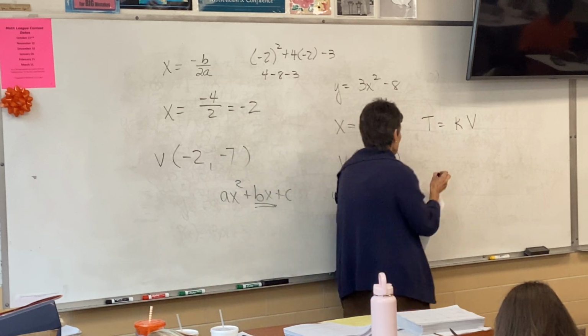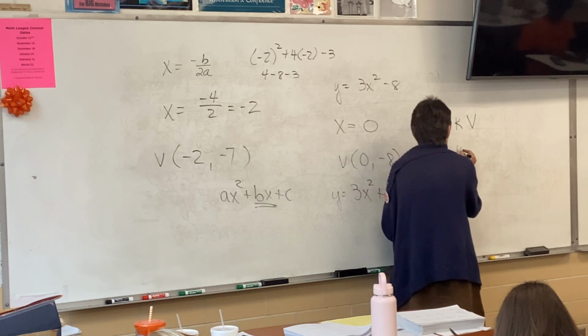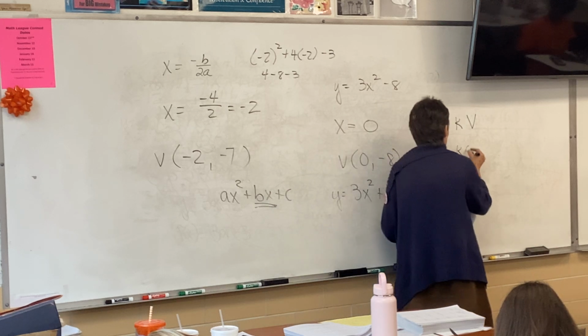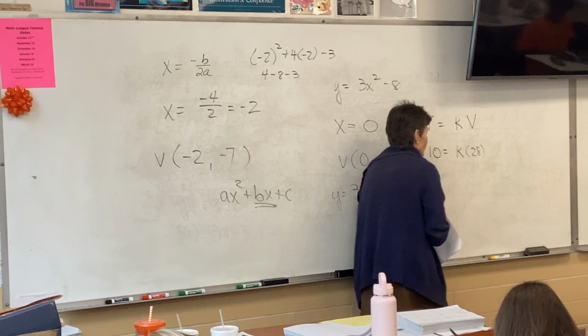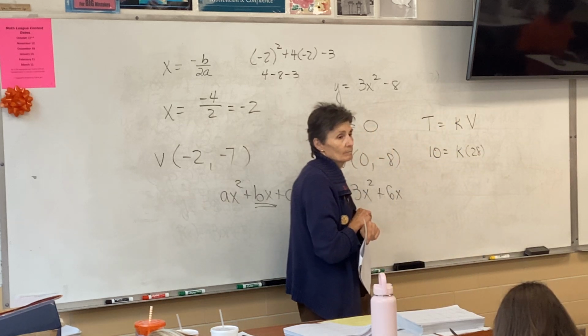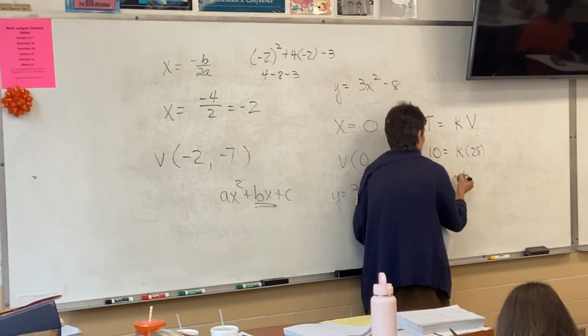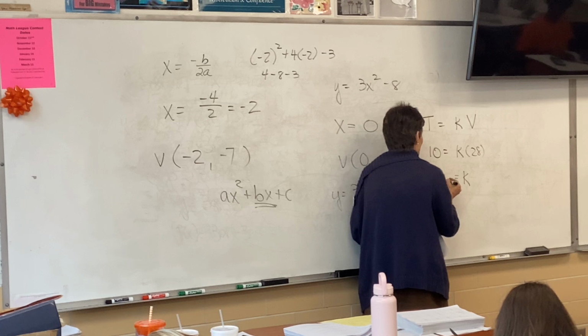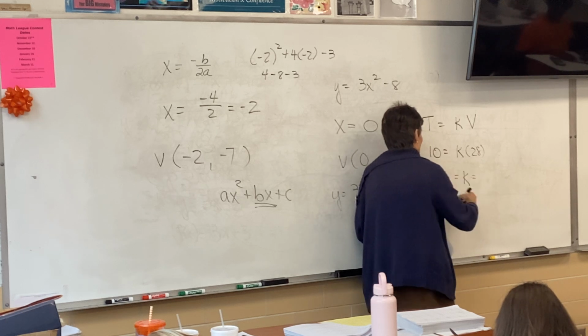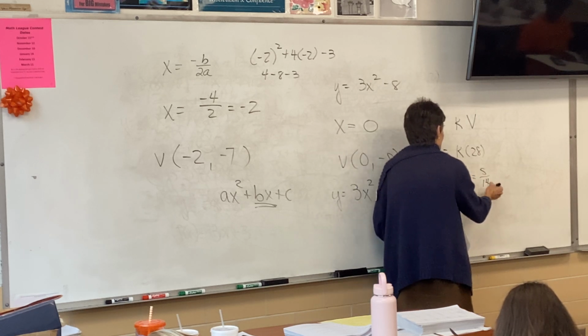If the temperature is 10, the volume is 28. See what I did? So K equals 10 over 28. I'm just going to reduce it and say 5/14.